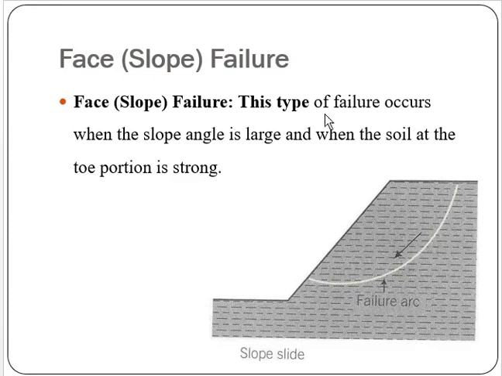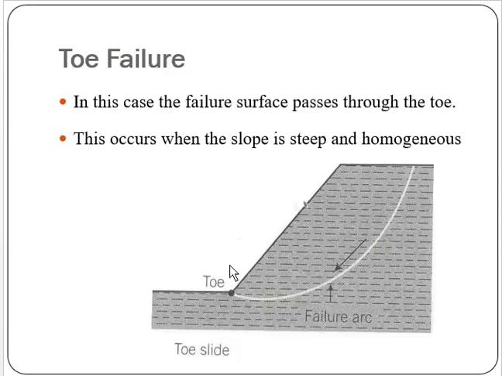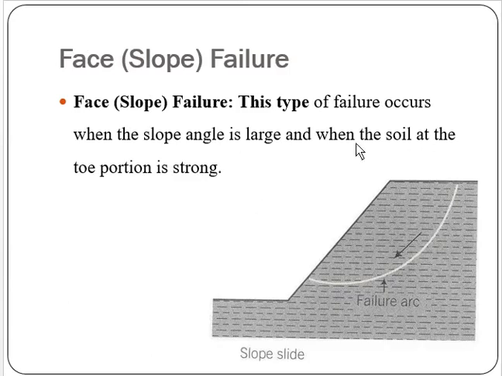Here the slope angle will be large, and the soil at this portion is strong. This will be the weak soil, so failure will occur above this toe portion. Okay, this is the toe. This is the top portion. In the case of face failure, the soil at the toe portion is strong, so failure will occur above it. Okay, this is face or slope failure or slip failure.